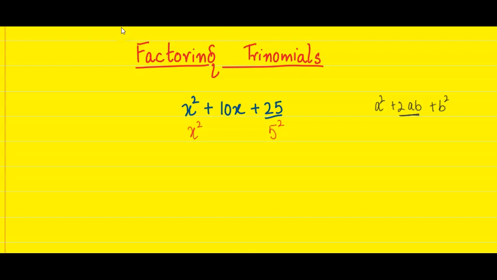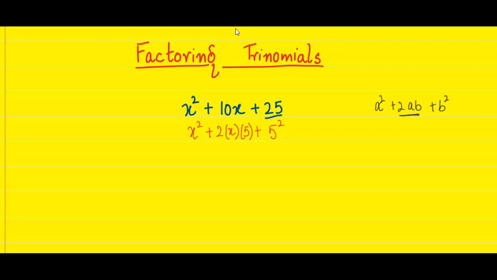So let's rewrite the middle term and see what we get. If I take out 2, can I write a, that is x, and b? If I write these two in this manner, do I get 10x? Yes, we can see 2 into 5 is 10, multiplied by x gives us 10x.